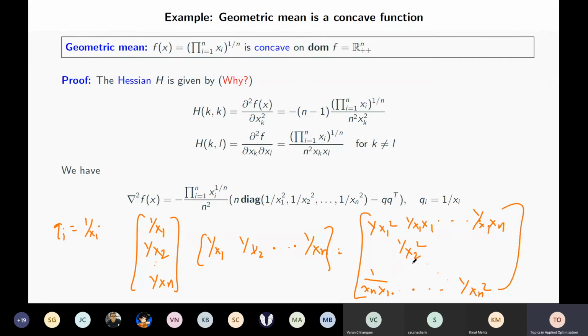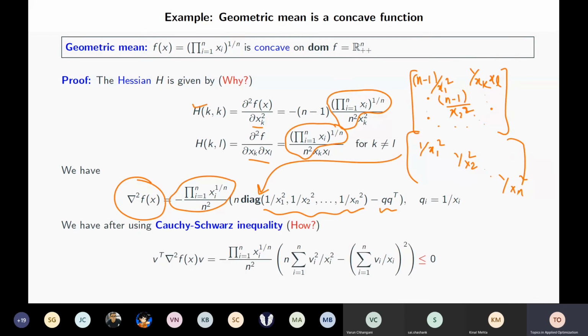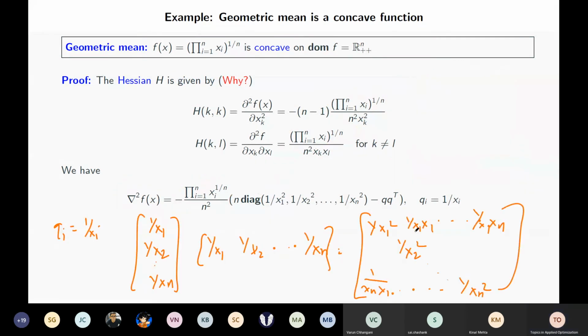So these are the terms that are there. If we subtract these terms, this will take care of the xk xl terms. Since we have taken the negative, the negative will make these terms positive.